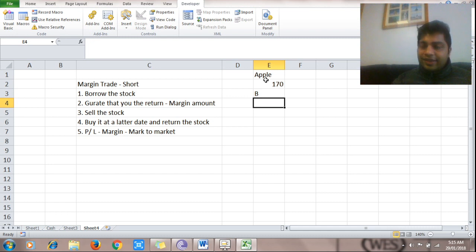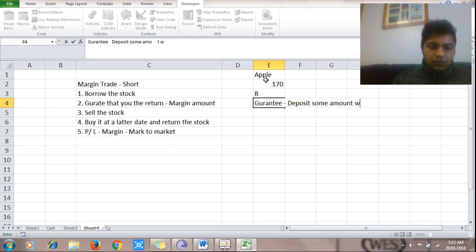The guarantee is that no matter what the price is, you would at a later date return the stock back to the broker or the dealer. So you have to give some guarantee. This guarantee is you have to deposit some amount with the broker.